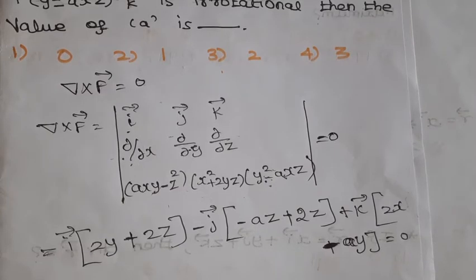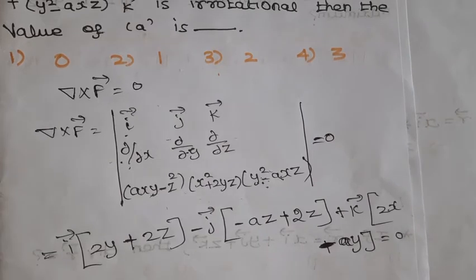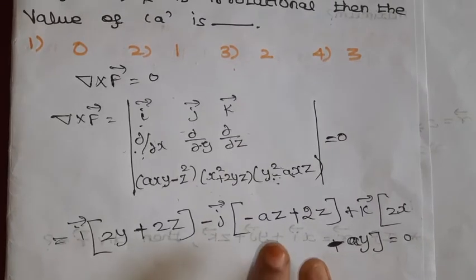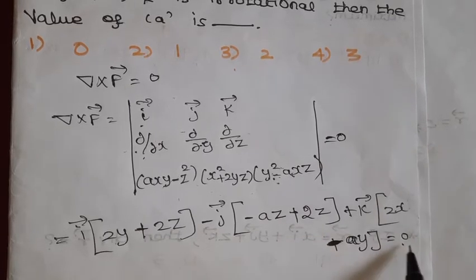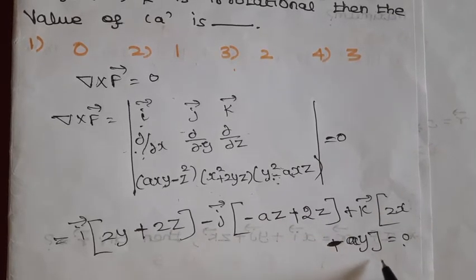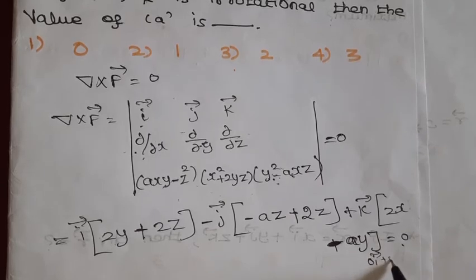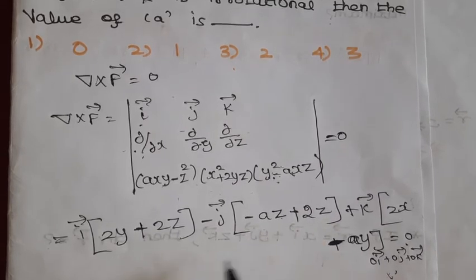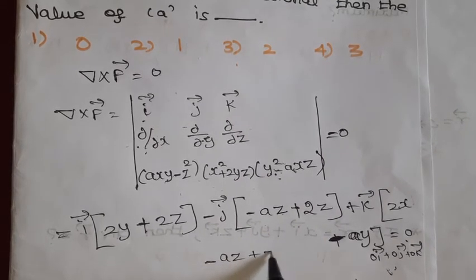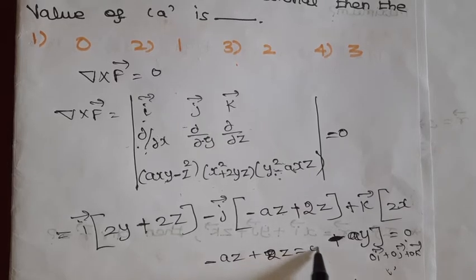So we can say it equals 0. What we need to find is the value of a now. So we equate the terms, considering this as 0i plus 0j plus 0k vector. Equate any term to 0. Take this term: minus az plus 2z equals 0.